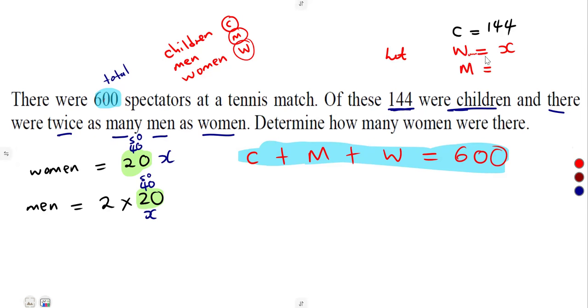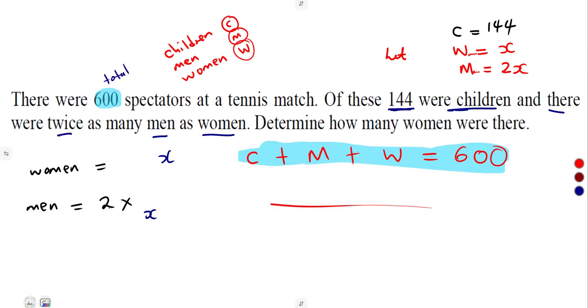If women are X, the number of men is 2 times X, which is 2X. This is where the equation part plays a role, as we have an unknown to be determined. And our unknown is X, representing the number of women.